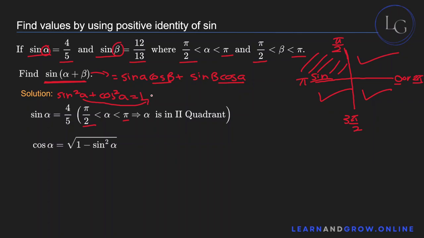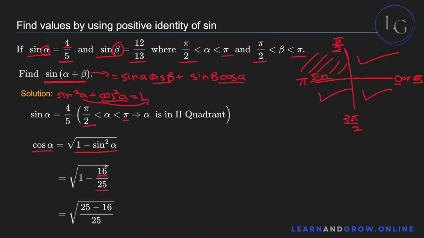And once you take the under root of that, you can find cos alpha. So cos alpha is equal to under root 1 minus sine square alpha. We already have sine alpha, which is 4 by 5. So 1 minus 4 by 5 whole square is basically equal to 1 minus 16 by 25, because 4 square is 16 and 5 square is 25.